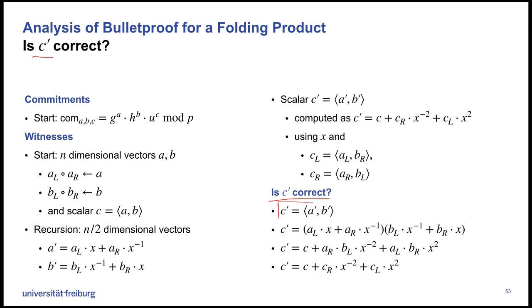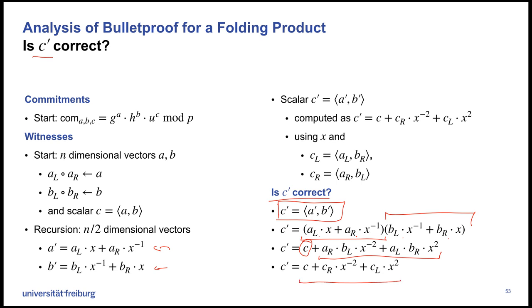So we have to compute the dot product of A prime and B prime. A prime and B prime are given here, so you have to multiply this times this. If you multiply this, you get AL times BL plus AR times BR, which is C, the original C. Then with the residual terms, the AR times BL gets X to the minus 2.